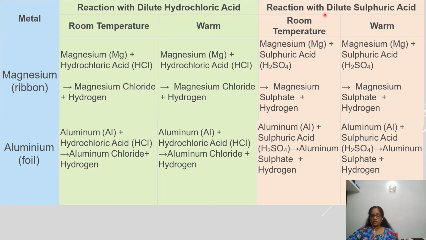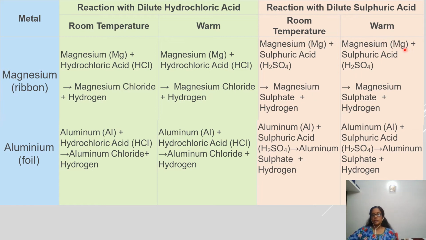And the next step, the same magnesium ribbon reacts with the dilute sulfuric acid. That is a different kind of acid, sulfuric acid. So here also magnesium reacts with the dilute sulfuric acid to form magnesium sulfate and hydrogen. So here also hydrogen gas. Salt is magnesium sulfate and hydrogen gas.